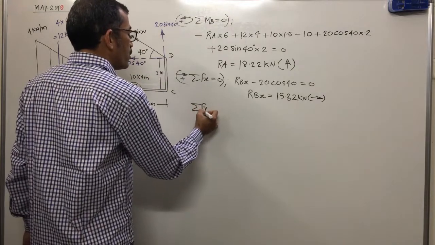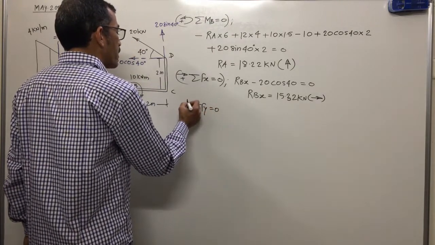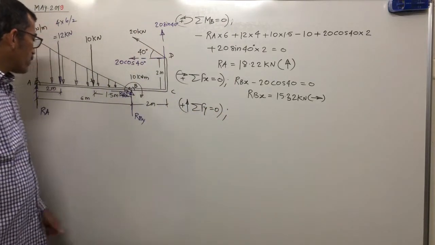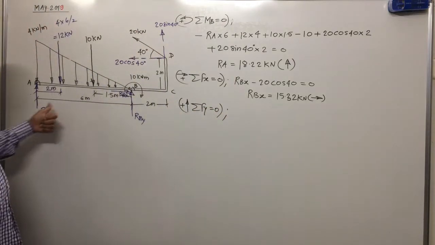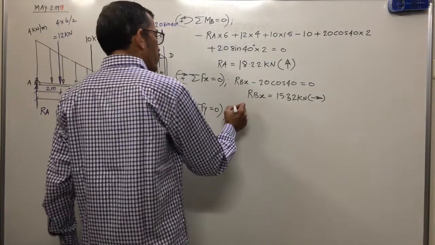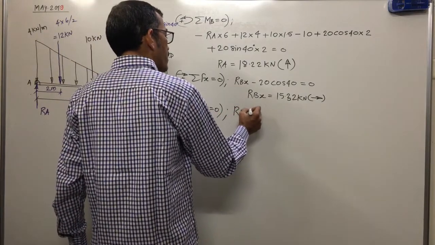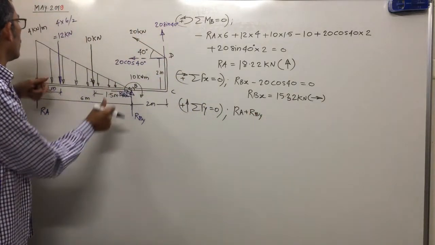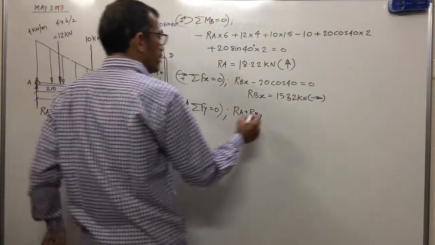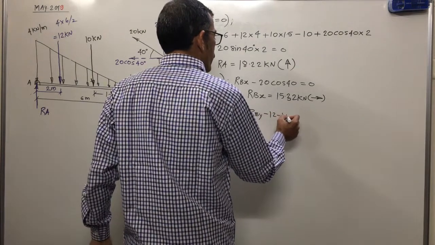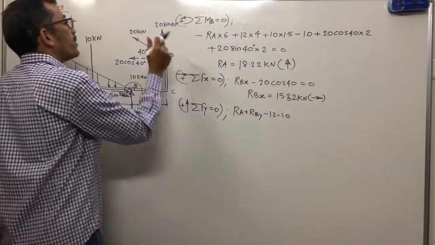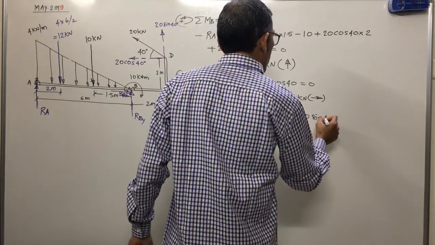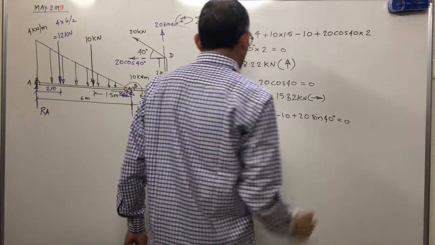Next, we apply the equation along the y-axis, summation of Fy equal to 0. What are the forces in the vertical direction? RA upward, RBY upward, so I will write positive: RA plus RBY, minus 12 minus 10, and the upward component of 20, plus 20 sin 40, equal to 0.